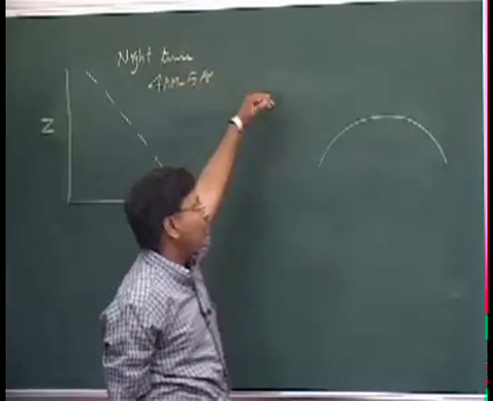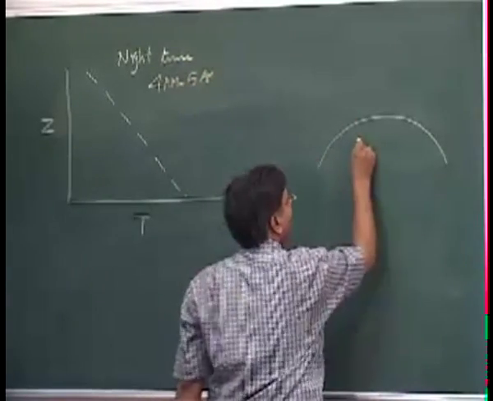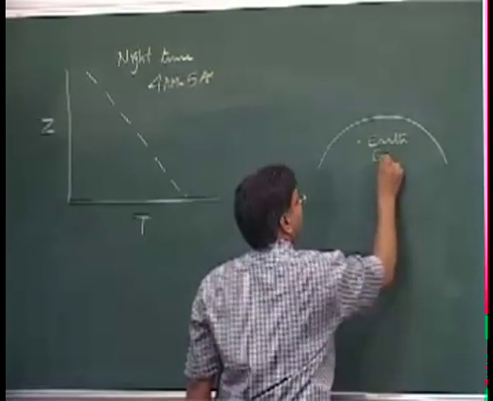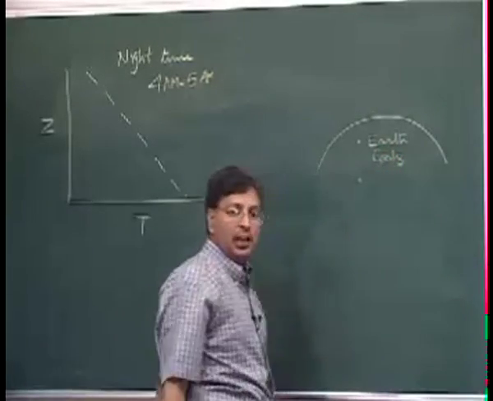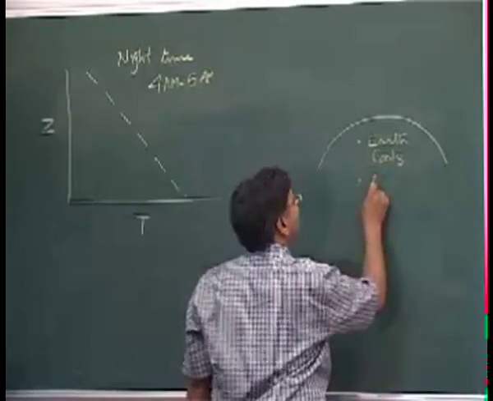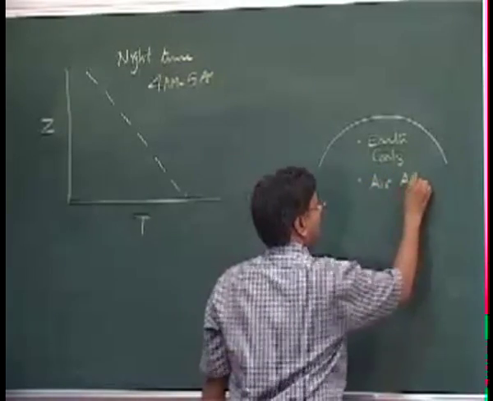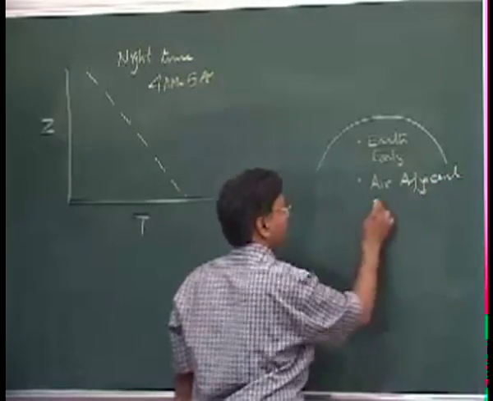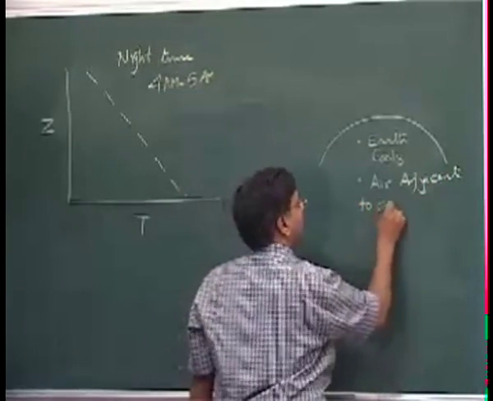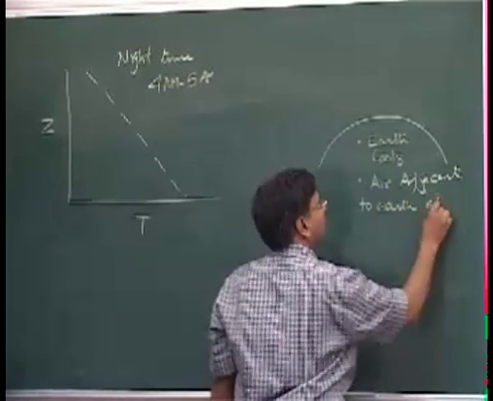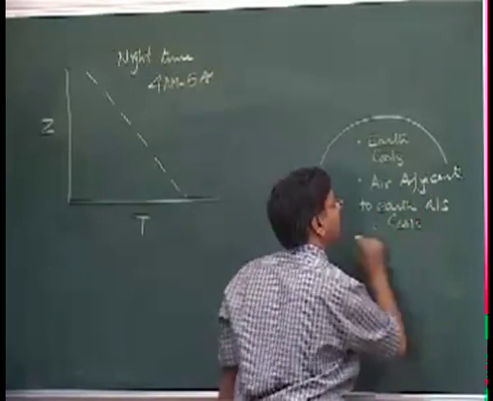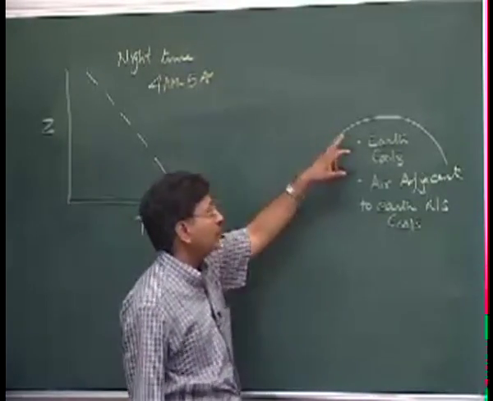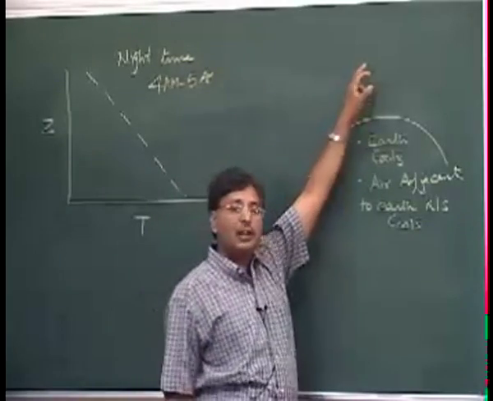So there is no solar radiation coming in. The earth cools, and so does the air adjacent to the earth. Once the earth is cool, the temperature here is low, and what is the temperature up?